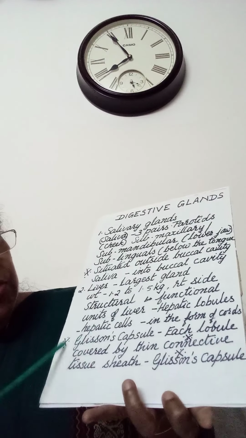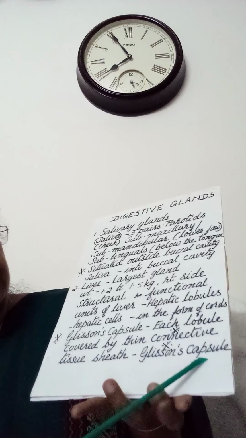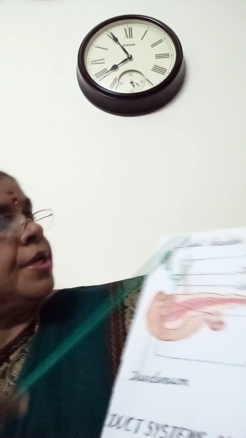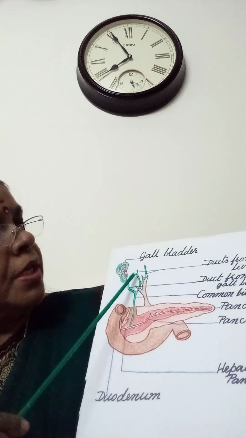Then the next point is also very important: Glisson's capsule. I have already discussed the lobule. Each hepatic lobule is covered by a thin connective tissue sheath, known as Glisson's capsule. Then in the diagram we can see these are the ducts from the liver.